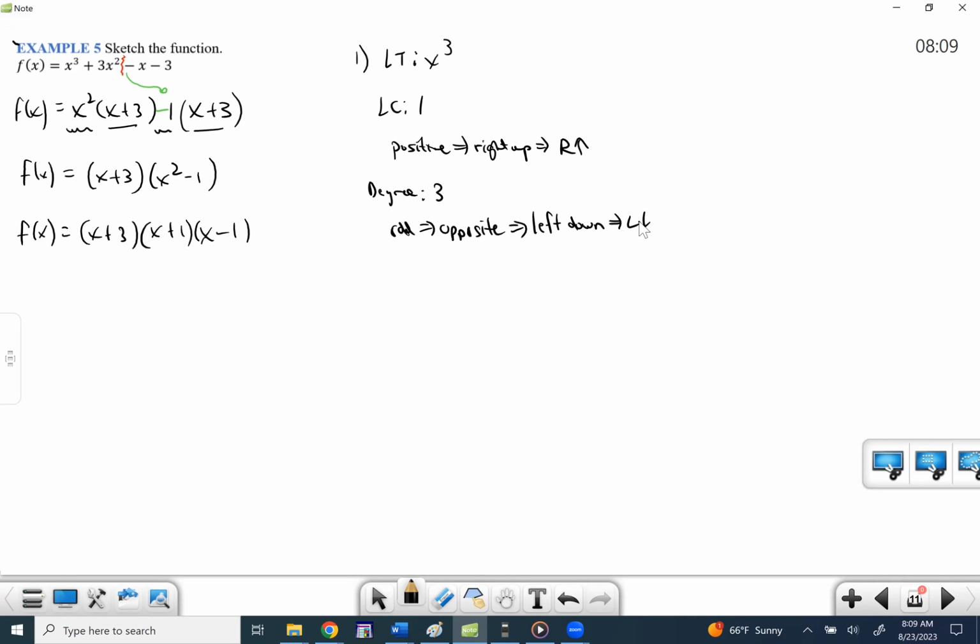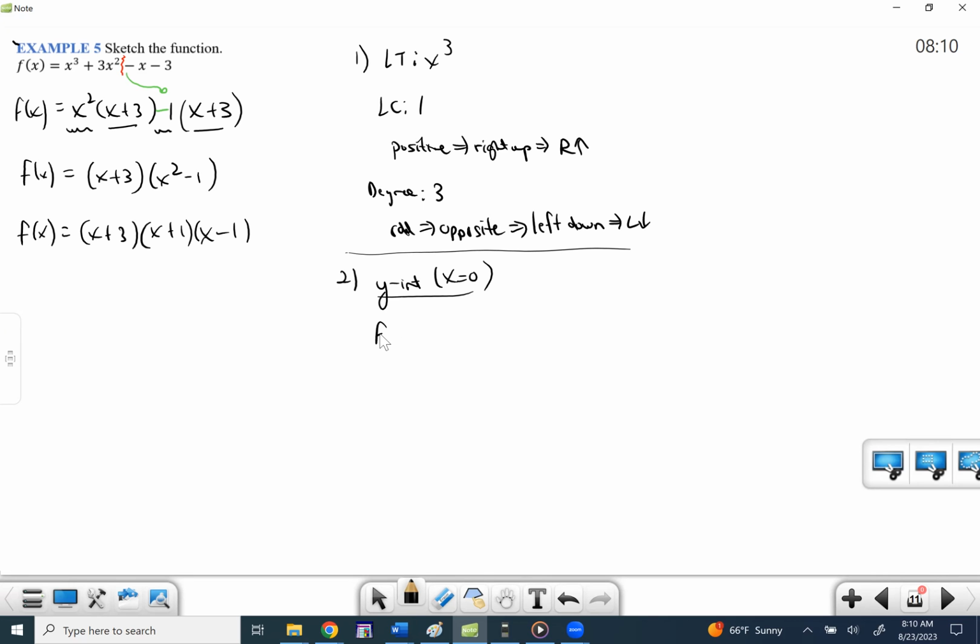All right, number 2, we want to get the y-intercepts, right? So we're going to let x be 0. Now I like to let x be 0 in the original function instead of in the factored form. I mean, if you have to do it in the factored form, okay.